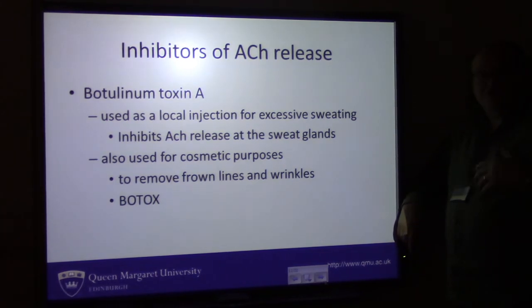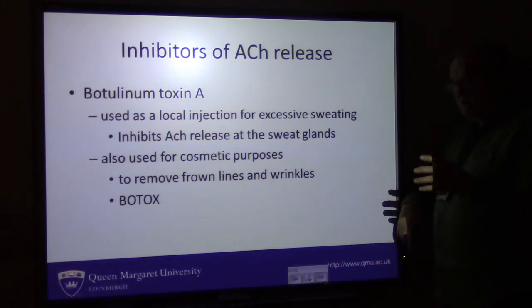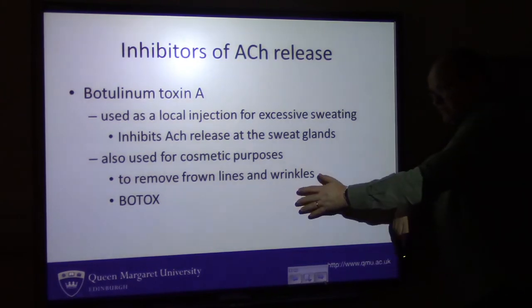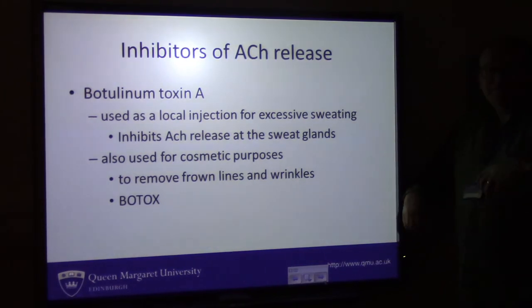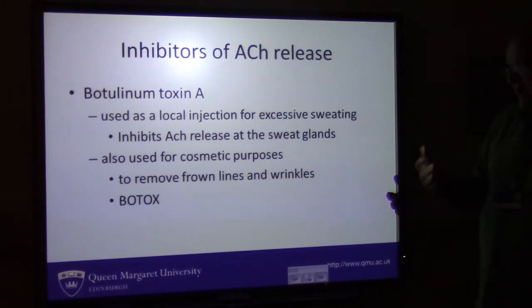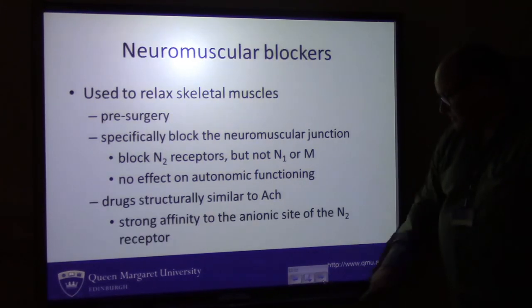That inhibits the acetylcholine release from the neuron, therefore inhibits the stimulation of the gland and reduces the amount of sweating. Although now Botox is much better known for the cosmetic, anti-wrinkle aspect of it.